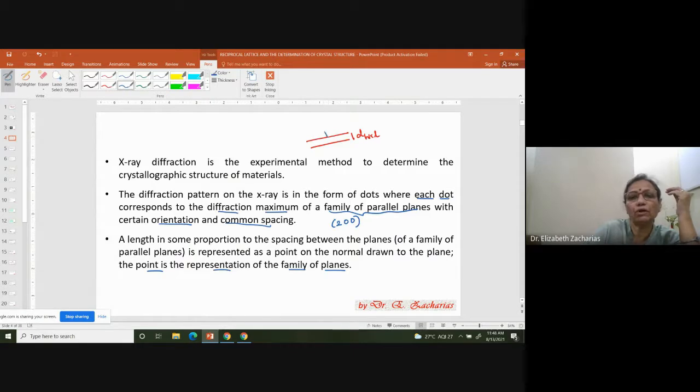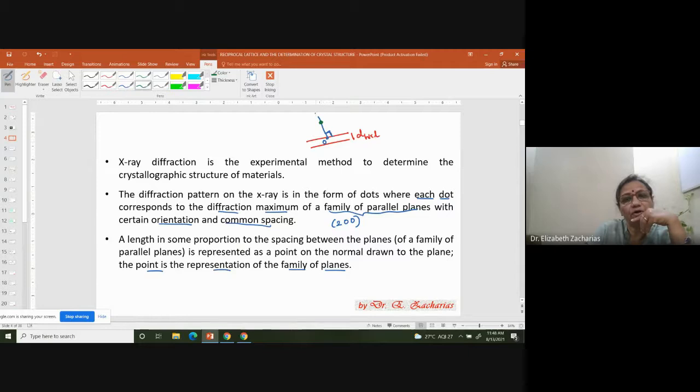If you draw a normal to this, and if you take one of the crystal lattice points as the origin, then the point that your X-ray diffraction has given is actually a point on this perpendicular bisector.